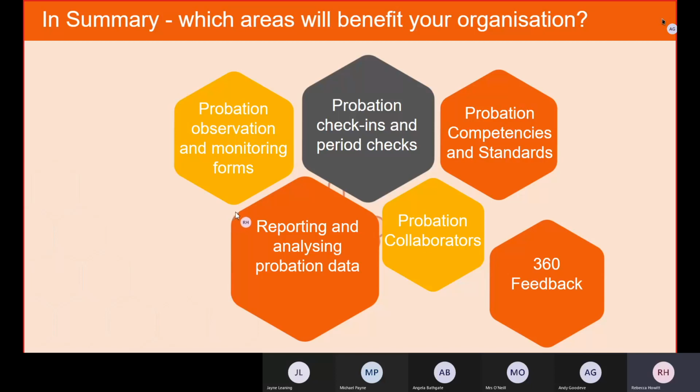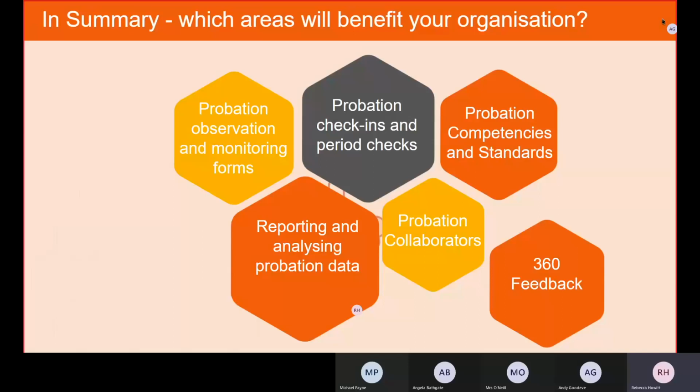I just wanted to summarise with you what we've just been talking about. We've been talking about how you can use IP for your probation period, how it can help with observation and monitoring, how it can help with check-ins and periodic check-ins, how it can monitor, analyse and record competencies and standards throughout the probation period, how you can add probation collaborators, gain 360 feedback, and how you can tie it all together right at the very end by pulling off, and throughout the period, reporting and analysing all of that probation data.